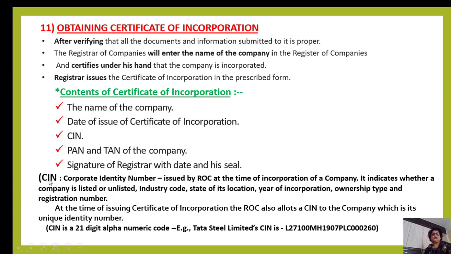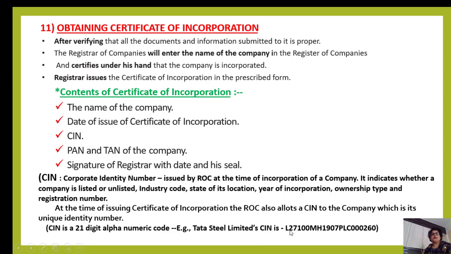For example, see here, this is a CIN number. A CIN number is a 21-digit alphanumerical code. For example, I will explain: this is the Tata Steel Limited CIN number.